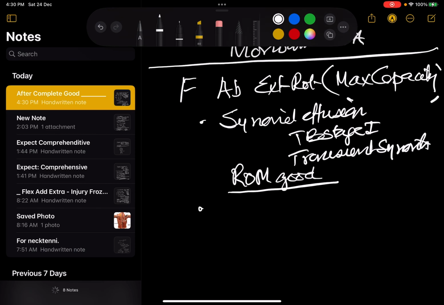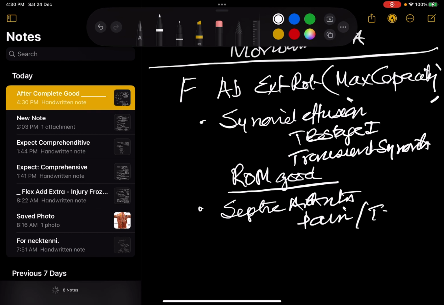Then if this synovial thing becomes infected, as in septic arthritis, then there is associated pain, toxemia and fever.